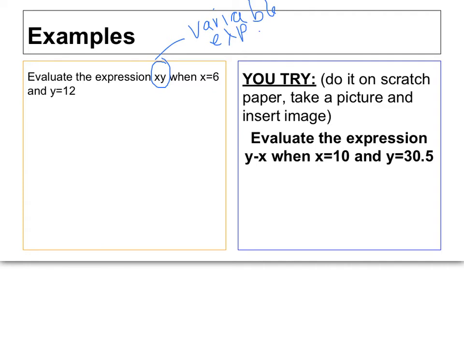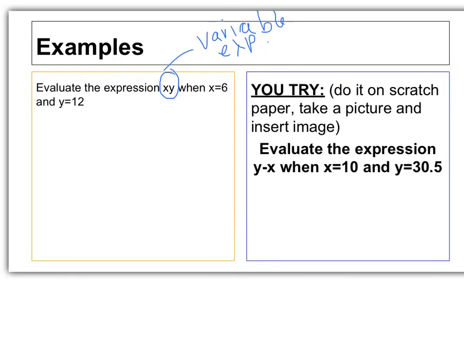What we're going to do here is take that variable expression, which is xy, and plug in the values. First of all, before we plug in the values, what are x and y doing with each other here? They are actually multiplying. So this is a variable expression where the 2 variables are multiplying with each other. That means that their actual values, which are 6 and 12, will be multiplying with each other.